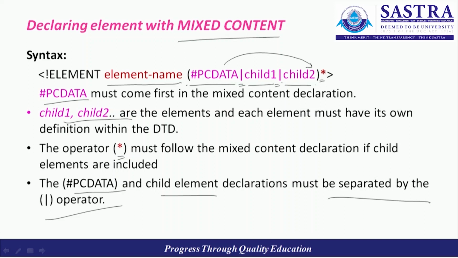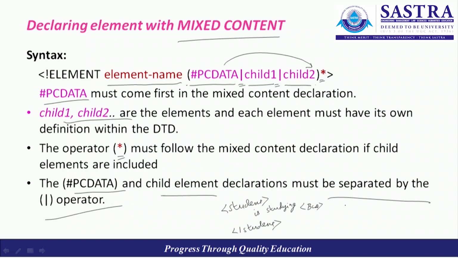This is the way we can define an element to carry child elements as well as text. Say for example, how to define this element? I can show you. We have an element which is student, and this is the closing tag. I want the student element to carry text: student is studying BCA.